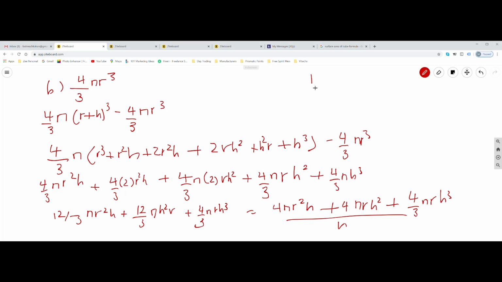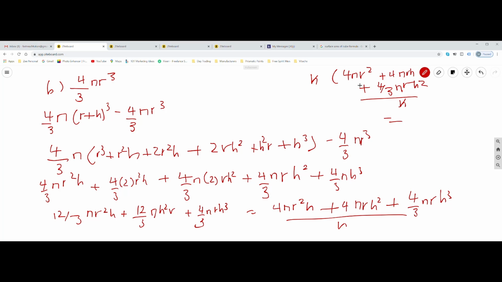If you factor out h, you're left with 4 pi r squared plus 4 pi r h plus 4 over 3 pi h squared. For h, the h's cancel.